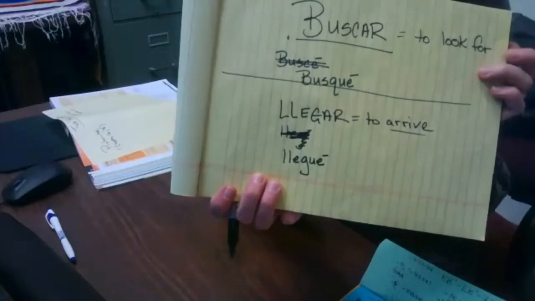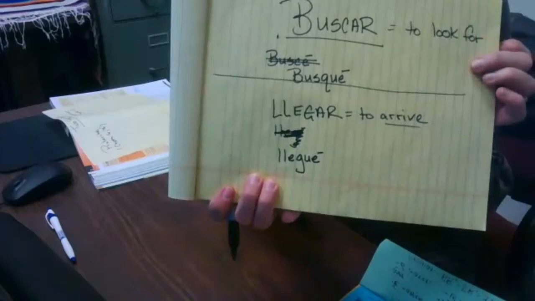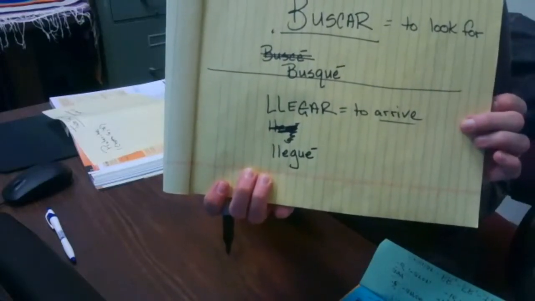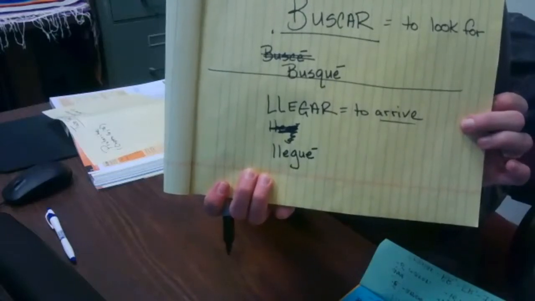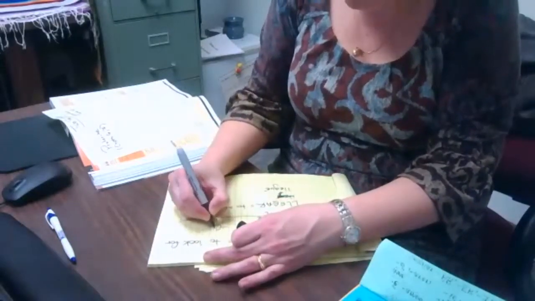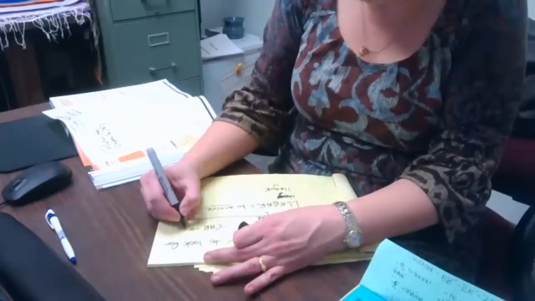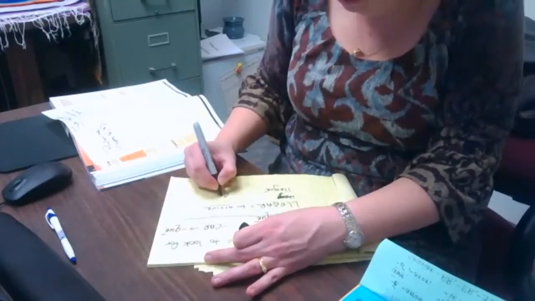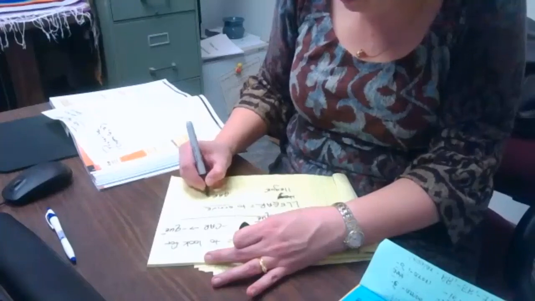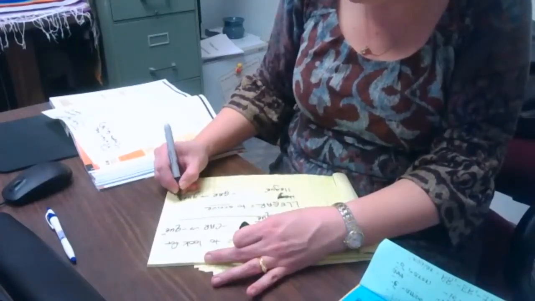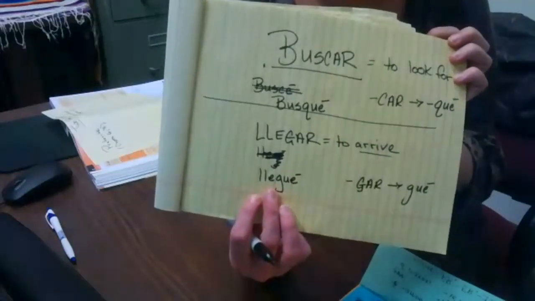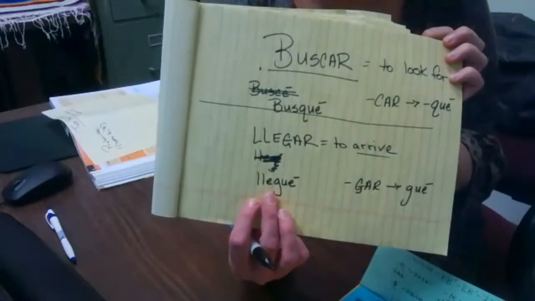So buscar, car verbs change to que in the yo form. Llegar, gar verbs change to gue in the yo form. Okay, so car goes to que, and gar goes to gue, but in the yo form only.